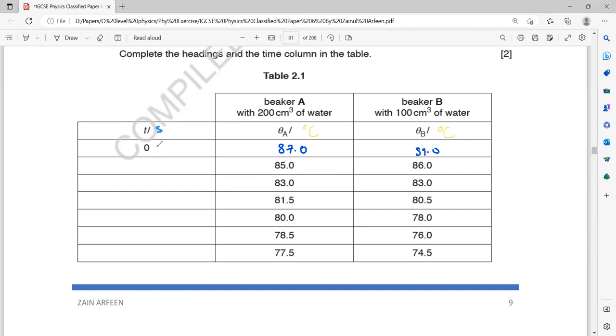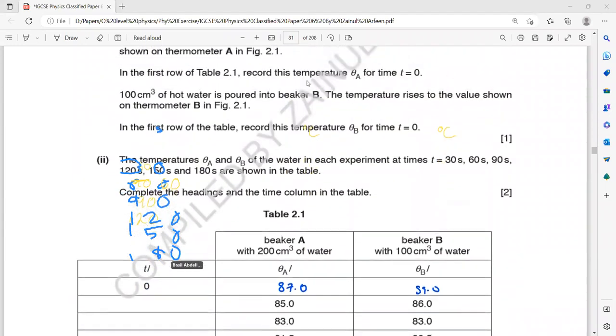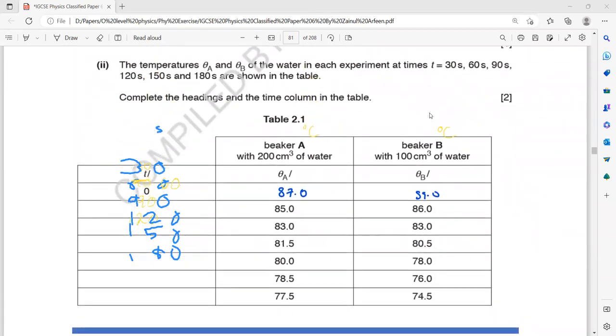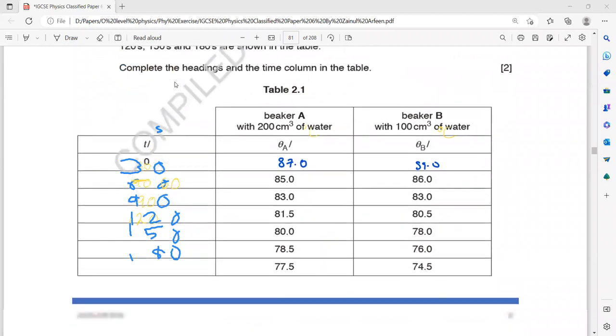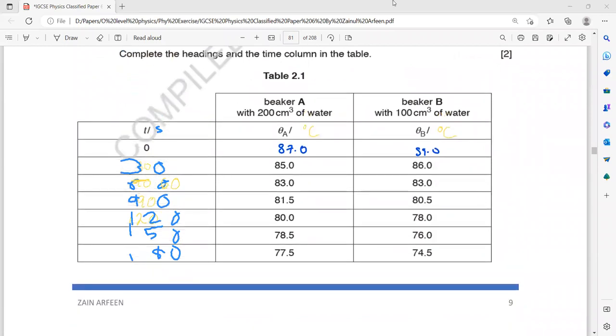What is the time column here? So 30, 60, 90, 120, 150 and 180, because in the question the student recorded for 3 minutes.